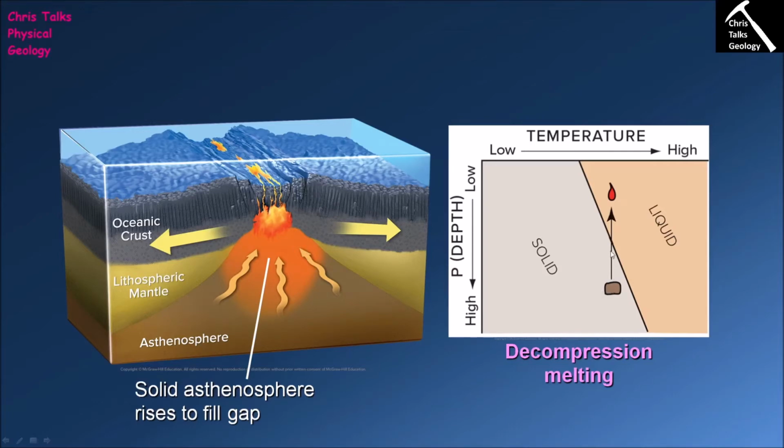There's no temperature change, so the pressure is getting lower, and we're forcing our piece of mantle peridotite across the solidus right here where it starts to melt, and we're pushing it into the liquid field. So by decreasing the pressure underneath our divergent plate boundary, we encourage the mantle to melt. And we've already discussed that the melting of the mantle is going to produce ultramafic and mafic magma as part of that process.